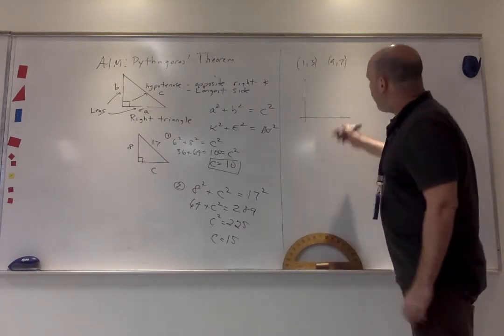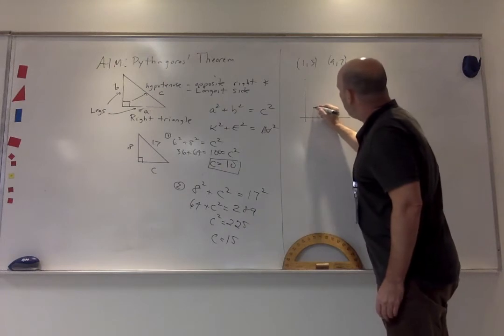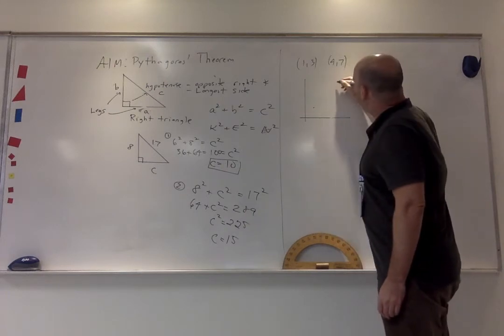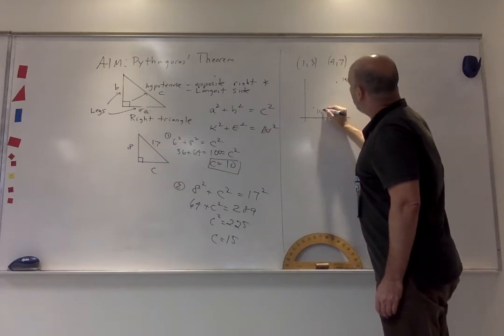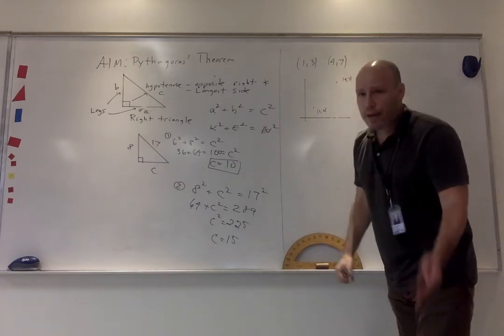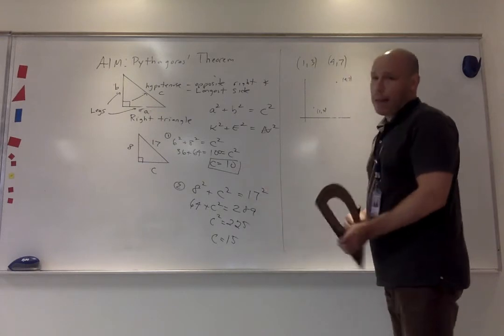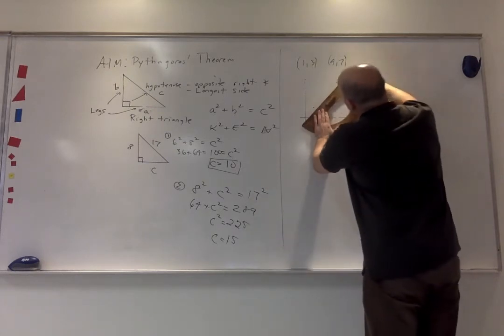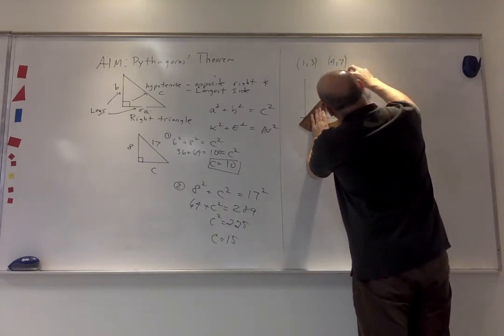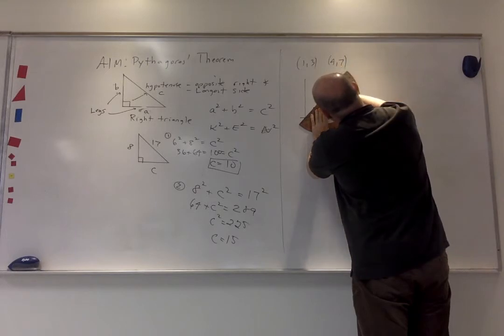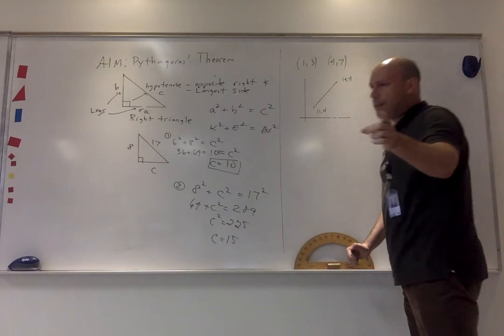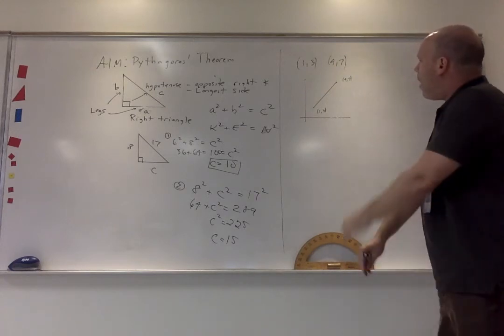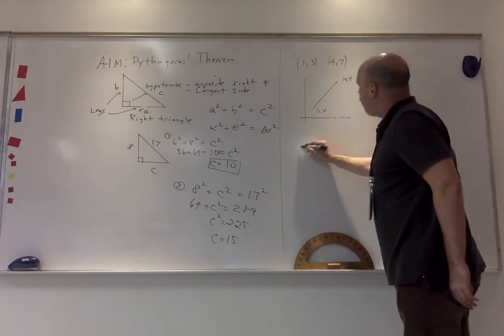So we have the point 1, 3, once again, this is a sketch, and 4, 7. And then the first thing I told you to do was draw a segment between the two points, right? And so we use the formula in the lesson. We know that the distance was 5.